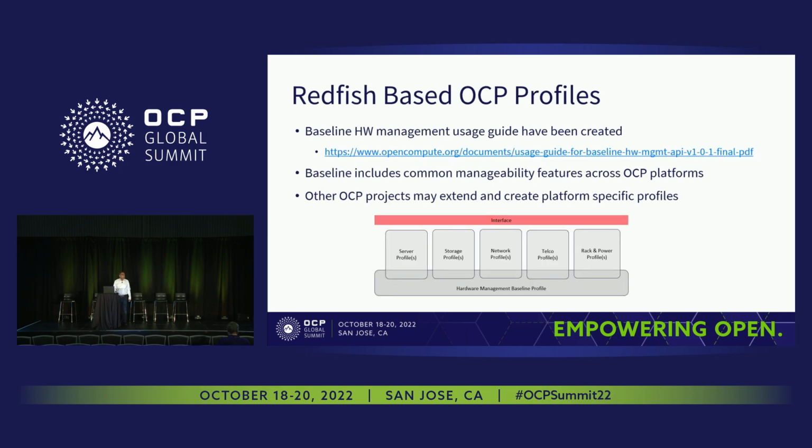So let's first start with what we mean when we say the OCP profile. It's derived from the Redfish specification. The profile structure defines a set of features that are applicable to a given platform. For baseline functionality, we have the features which are applicable to all platforms.